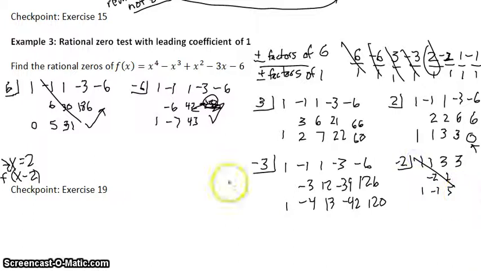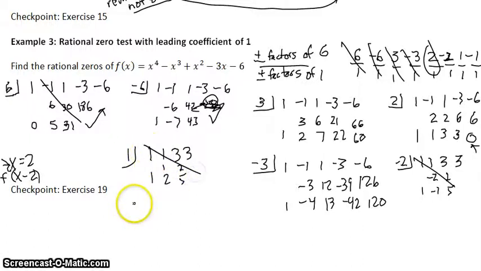Nope, that one's not going to work. So now I'm running out of space. Can already tell that this one is not going to work as well. So my last one, my only other possible choice is -1.